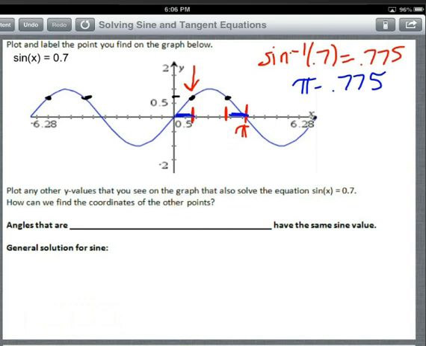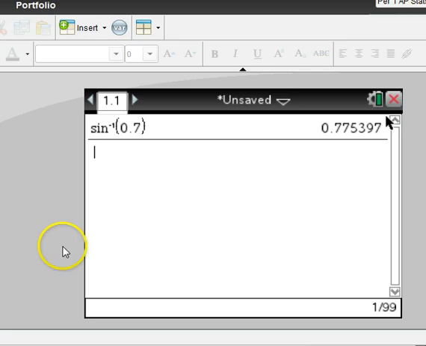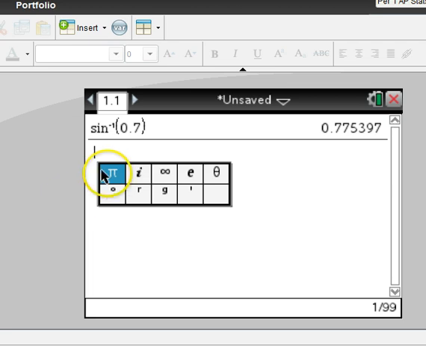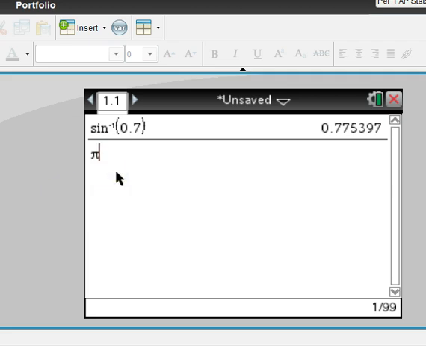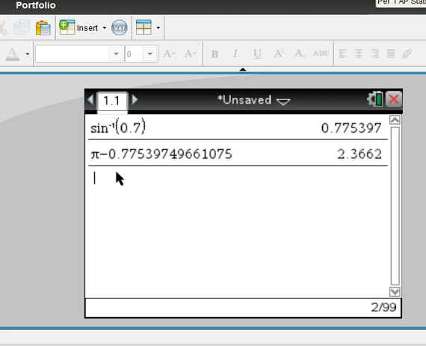Let's check that out on the calculator and on a graph. If we go back to the calculator, let's do pi minus 0.775, and since I already have the 0.775 in here, I can just do pi minus and grab that number and push enter, and there would be 2.3662. We know that pi is 3.14, so that makes sense that it's less than that. Let's graph a sine function.